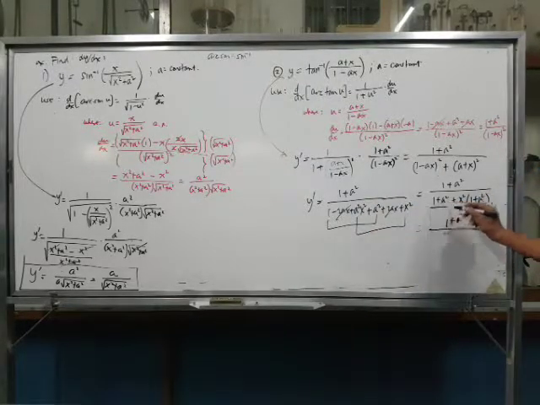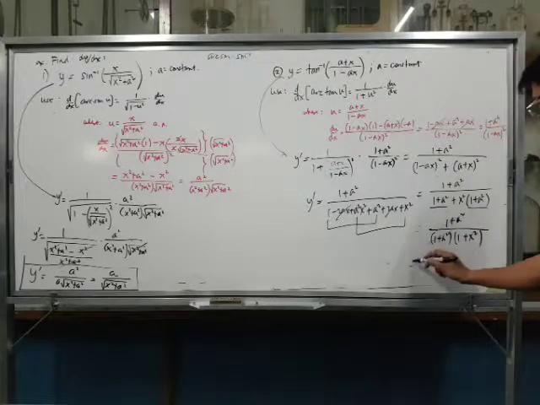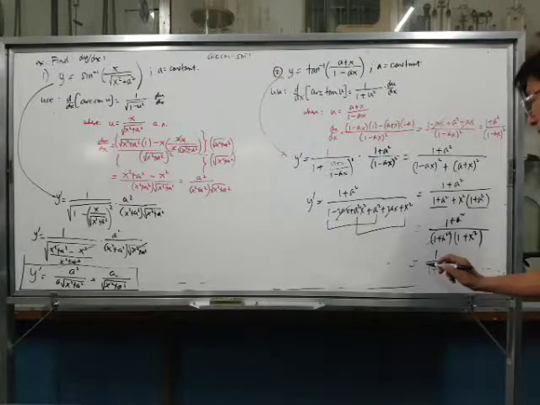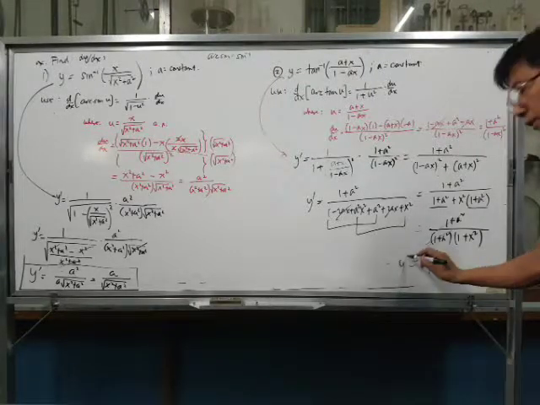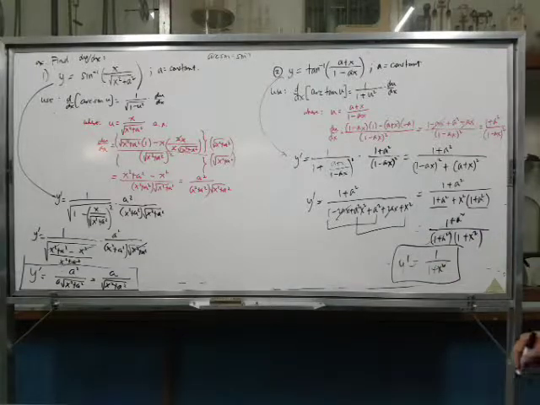So we factor out 1 plus a squared, and then we have 1 plus x squared. So this will just cancel out. So the answer is 1 over 1 plus x squared. So that is the value of y prime. Okay?